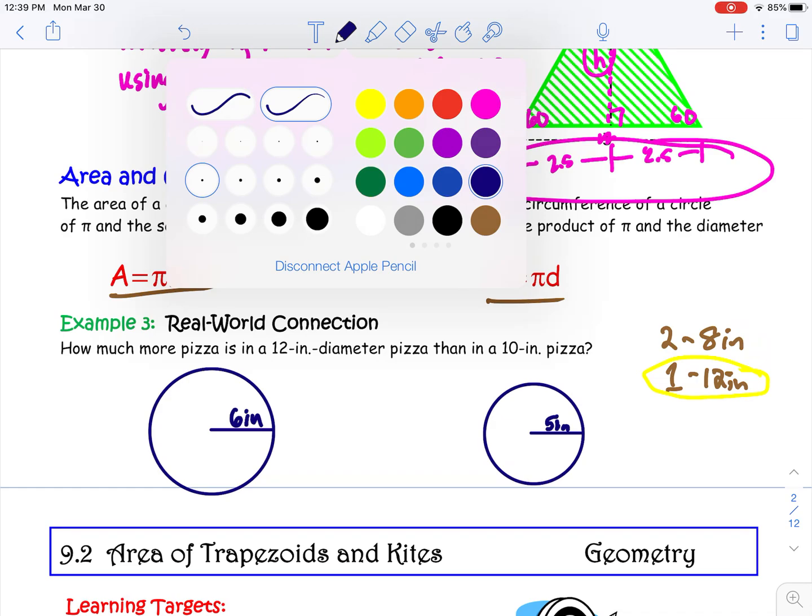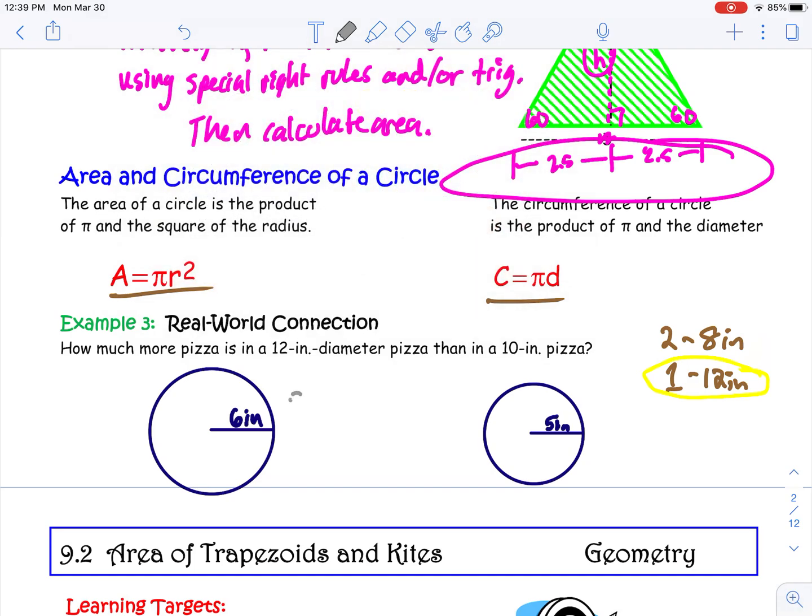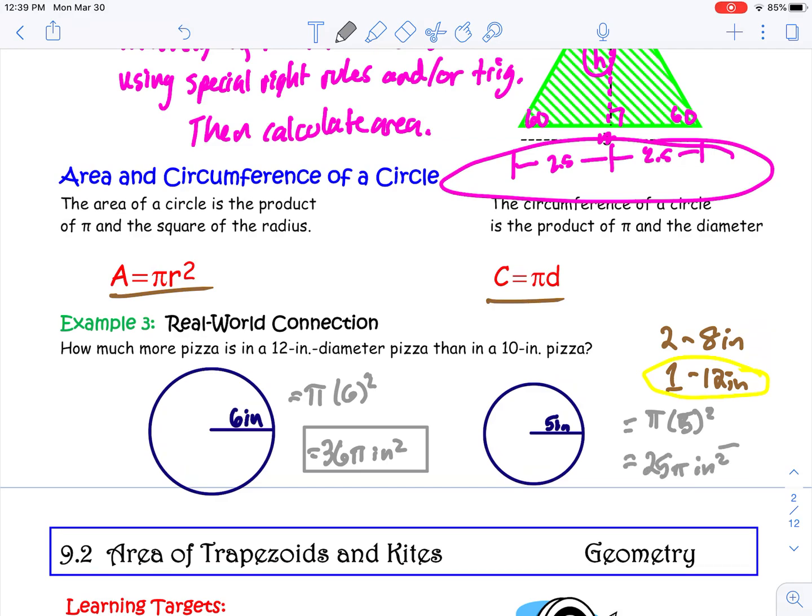What we could do is calculate these formulas. The area of these is pi times the radius squared, which means this has 36 pi inches squared of pizza. This is our 12-inch diameter. Our 10-inch diameter has 25 pi inches squared.